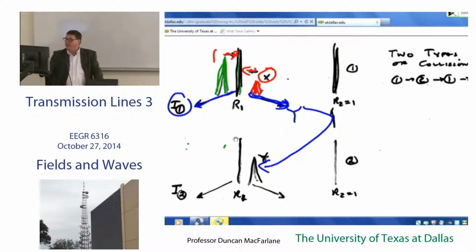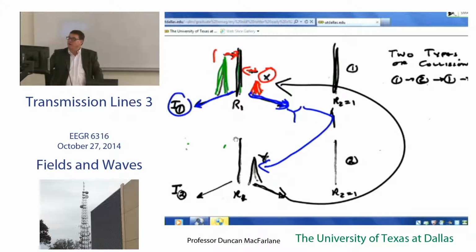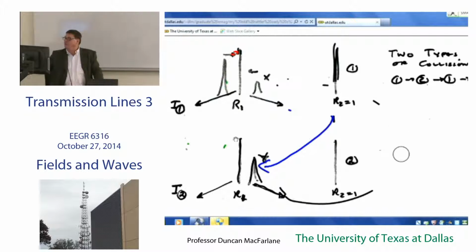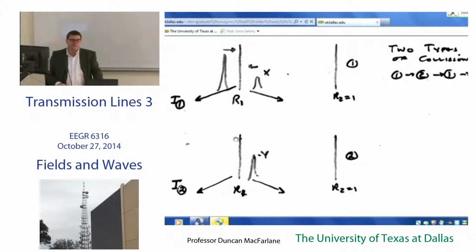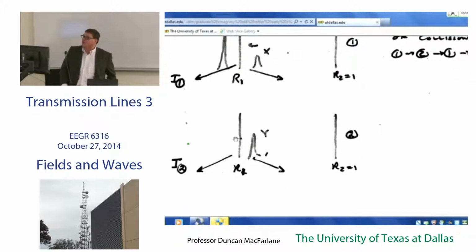And then this Y, you may note, comes back around and becomes the X for the next collision. And this moving reference frame is a nice way of solving the algebra. It was reminiscent to me of the moving reference frame of the transmission line problem that we solved a couple lectures ago.